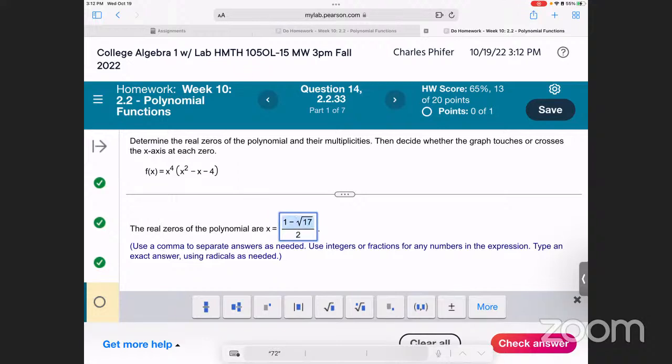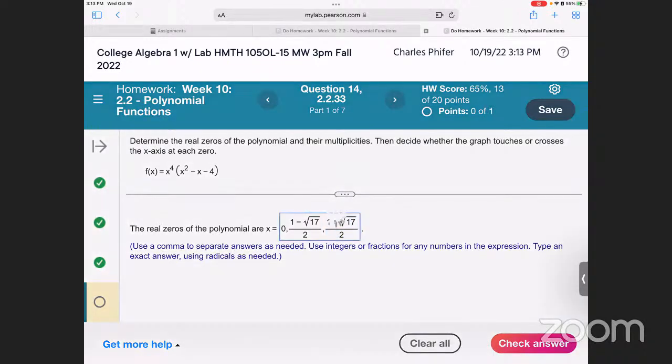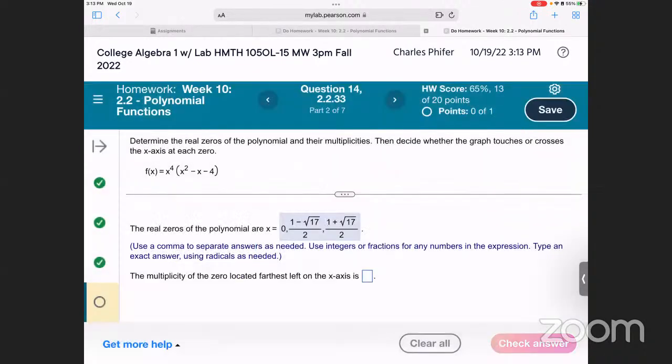Okay, so now we're ready to list out our zeros. So the first 0 from x to the power of 4 is just going to be 0. And then you basically have the same result, but then plus or minus. So we did the minus already. Minus. So then it's going to be 1 plus the square root of 17 over 2. Okay. So these 3 results. Okay.